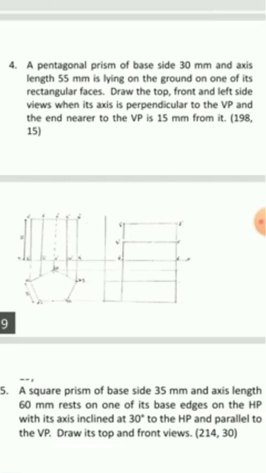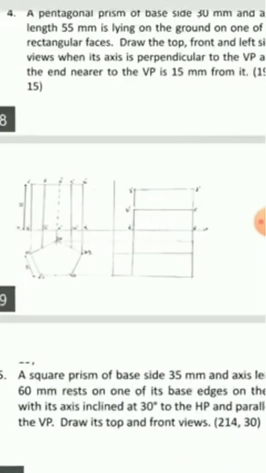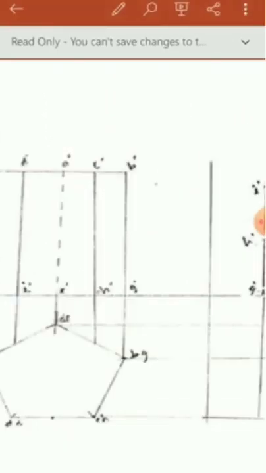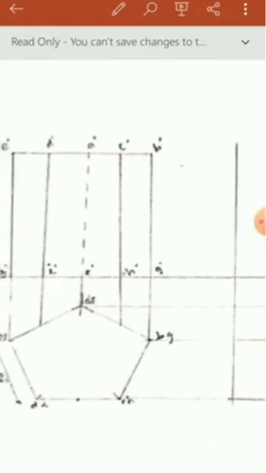Then mark ABCD, and from the front view you can see a rectangle or square-like structure. You can't see this line ABCD, you can't see the F and A dash line, so just mark an imaginary line.